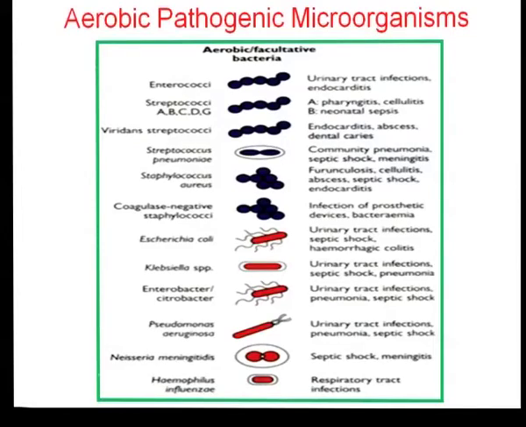If we see the list of aerobic pathogenic microorganisms, it contains important microbes like Staphylococcus aureus, Streptococcus pneumoniae, Klebsiella pneumoniae, Escherichia coli, Pseudomonas aeruginosa, and Haemophilus influenzae. All these aerobic organisms are present everywhere around us, even in the air in this room, and antibiotics are able to treat the infections they cause in us.